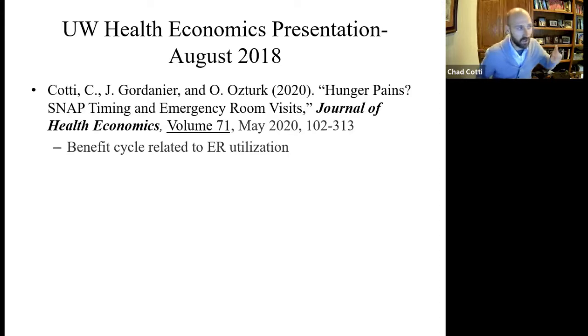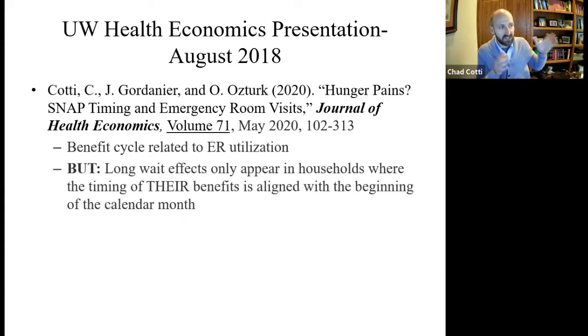But there's a big but coming, right? These late-in-cycle long wait effects only showed up in households where the timing of their benefits was aligned with the calendar month. What I mean by that is you have some households in South Carolina where, by random chance, their food stamp date was like the first, second, or third of the month. So it's highly aligned with the calendar month.